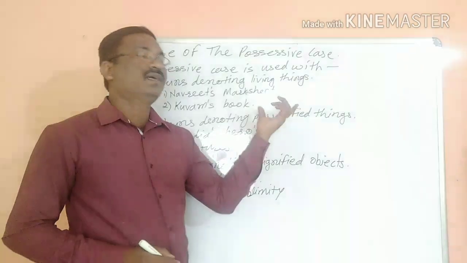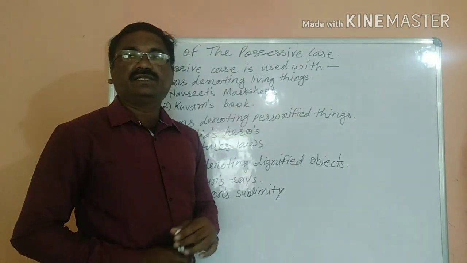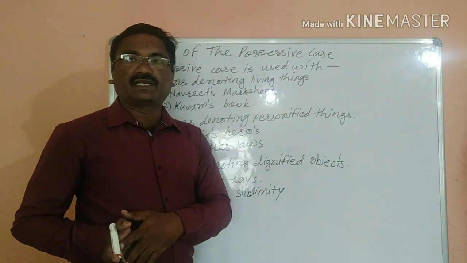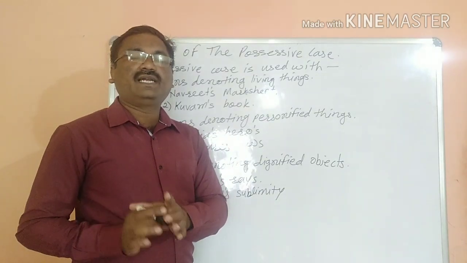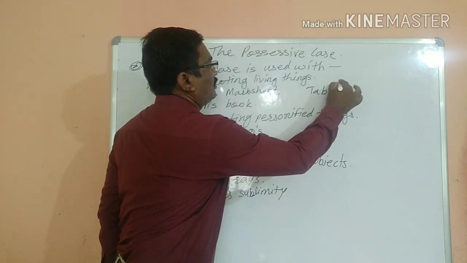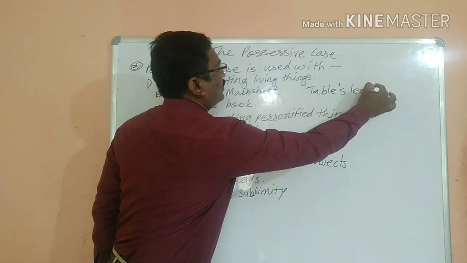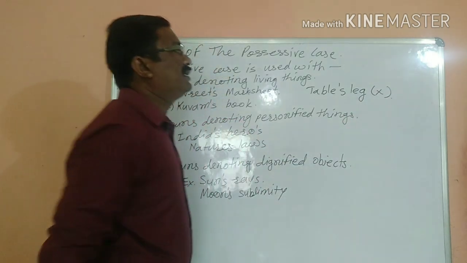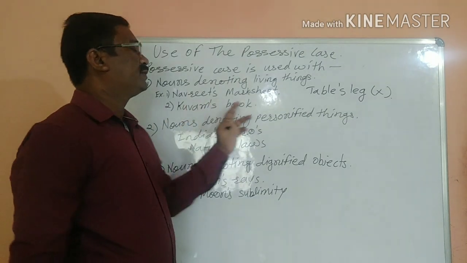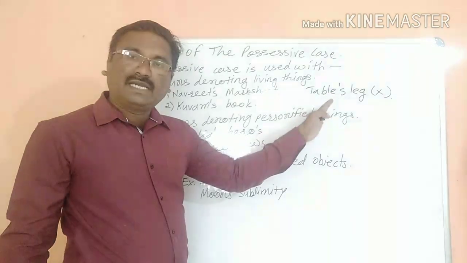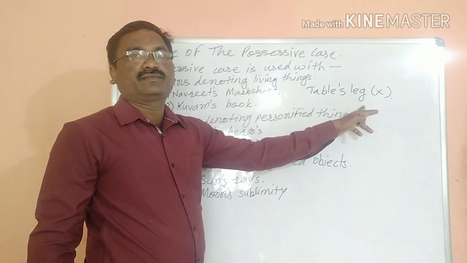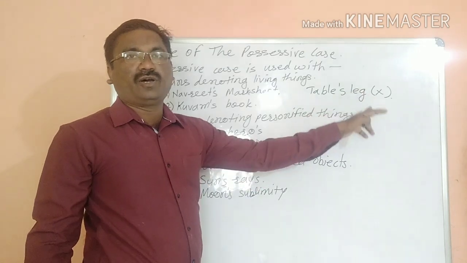If you are using table's leg, then the sentence is wrong. You should say leg of the table, then it is correct. Navreet's mark sheet you can say, Kuvam's book you can say, lion's tail you can say, but you can't say table's leg, as it is a lifeless object.